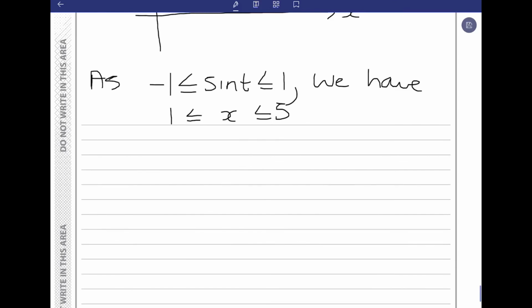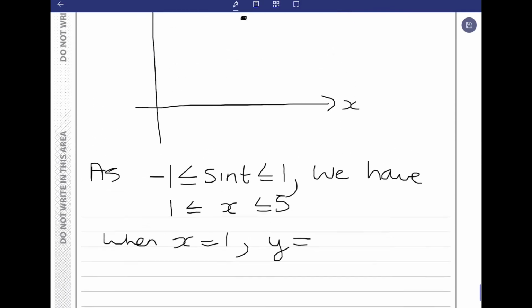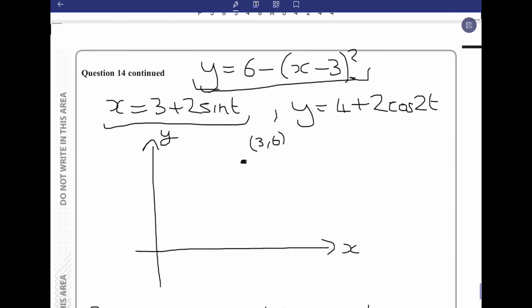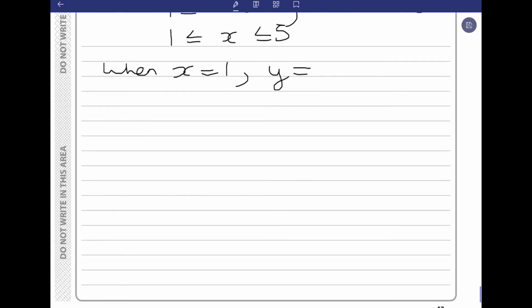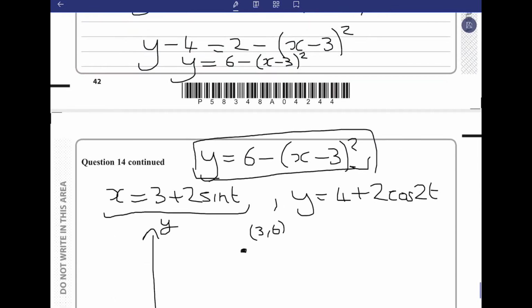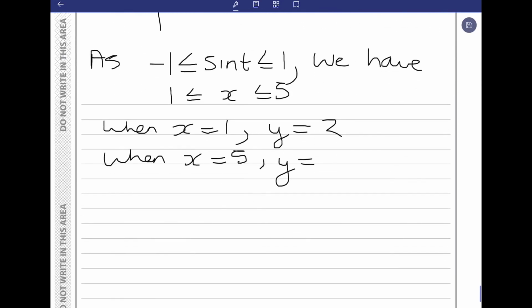Now, as we have the domain for x, we need to work out what y is at these endpoints. When x equals 1, using this top formula, y equals 6 minus (1 minus 3) squared, which is 2. And when x equals 5, y equals 6 minus (5 minus 3) squared, which is 6 minus 4 again, so it's 2 again.